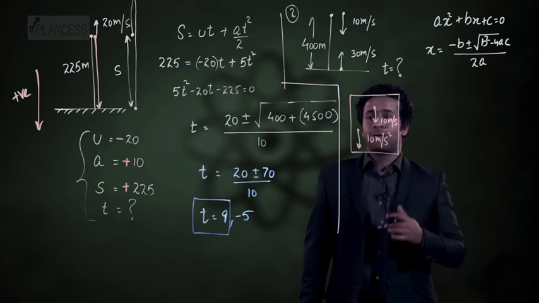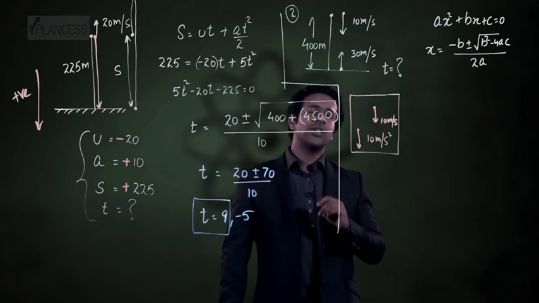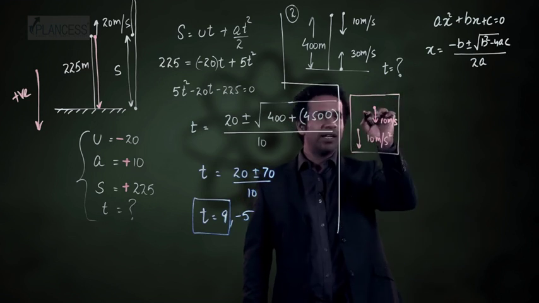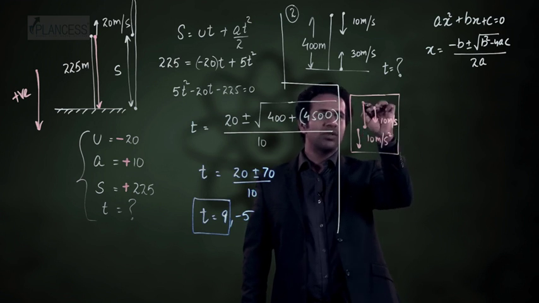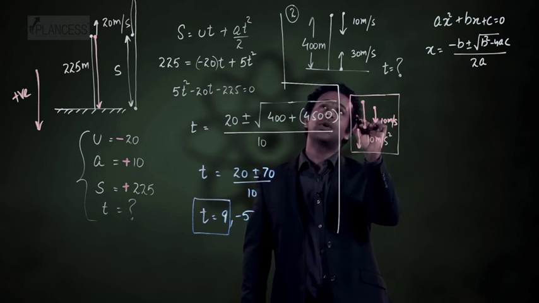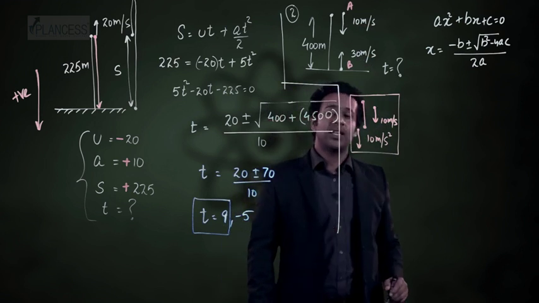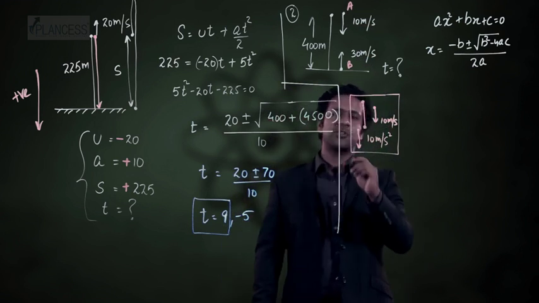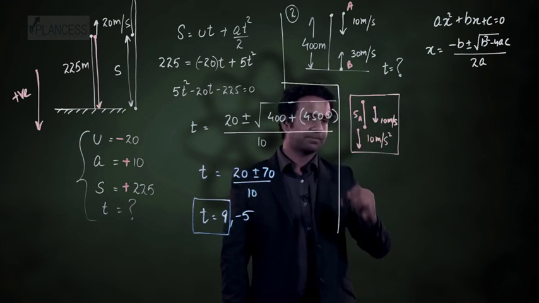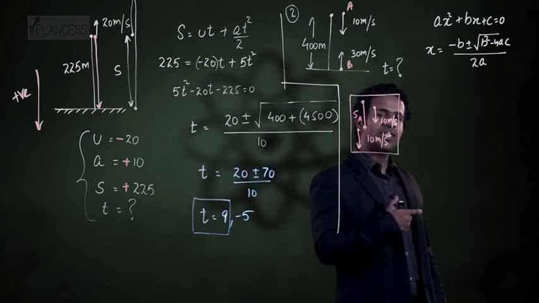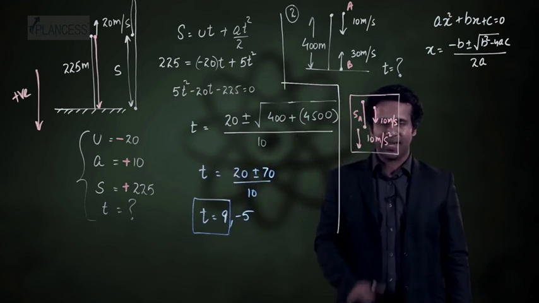Right. So for this ball, let's also assume that during this time interval, this ball falls through some height. Let's give this ball the name A and this one B, then we are going to call its displacement SA. So the height through which it falls, we'll call it SA.